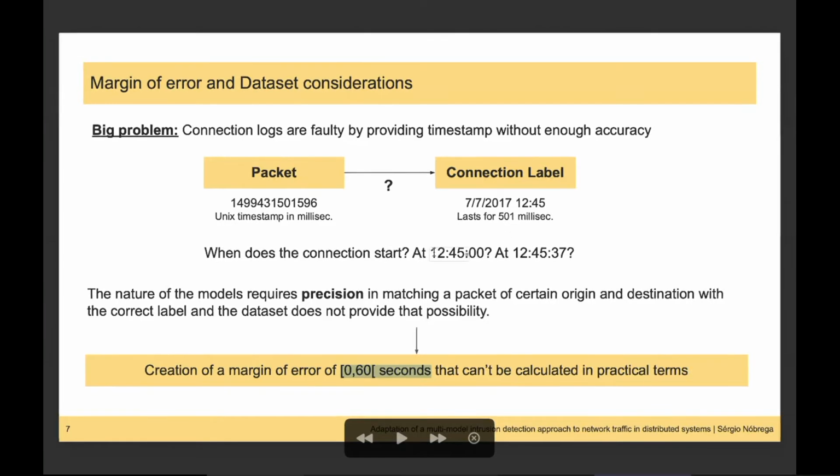So here we have 12 hours and 45 minutes, but we don't know the seconds that it started, and we also don't know the milliseconds, which would also be good to know. So just be aware that there is this margin of error, and that it makes either things a bit harder to calculate or the results a bit less reliable.